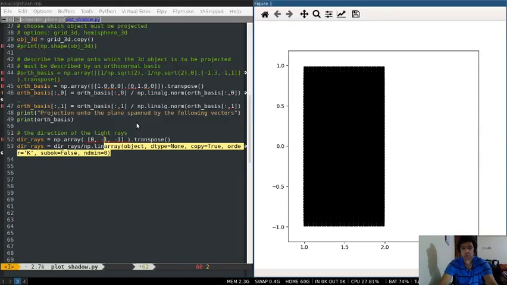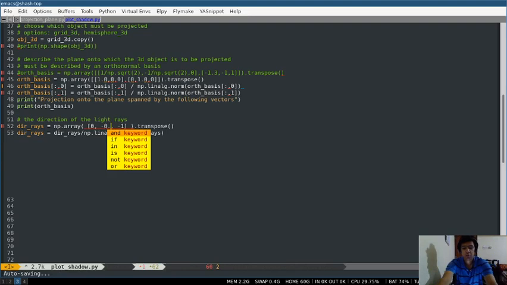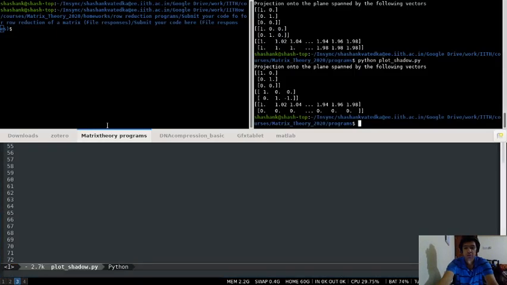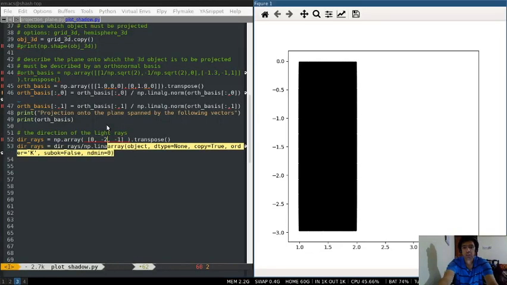And as I increase or decrease the component along the y-axis, the length of this rectangle would increase or decrease. So if I make this point, say 2, then the component would increase, so it would be a longer rectangle.